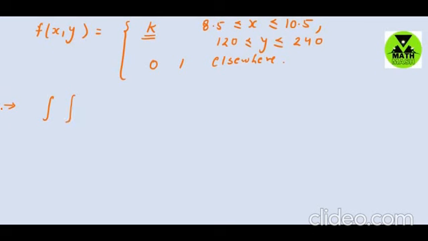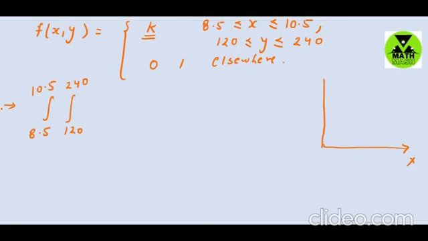So what is our x value? X is going from 8.5 to 10.5, and what is the y value? It is going from 120 to 240. So better if you plot the graph, that is the domain where x and y are taking values. If this is our x-axis, this is our y-axis.